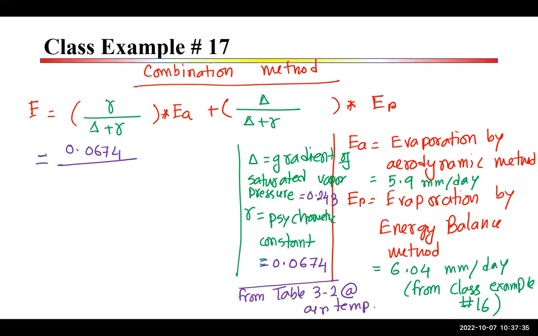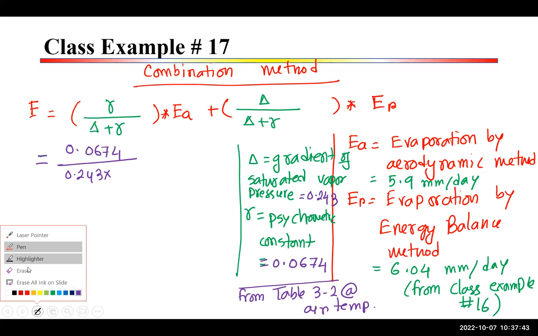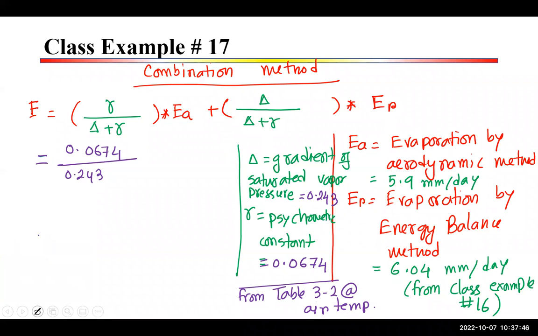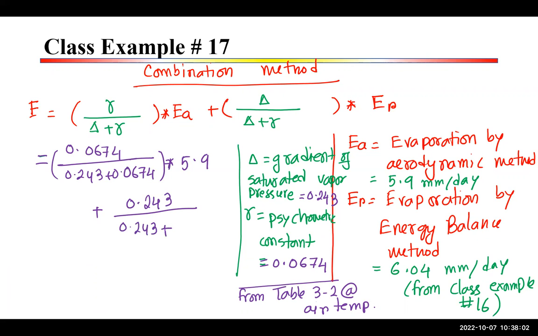Then the weighted factor multiplied with 5.9 plus the other factor, and I got 6.04 or something like that.